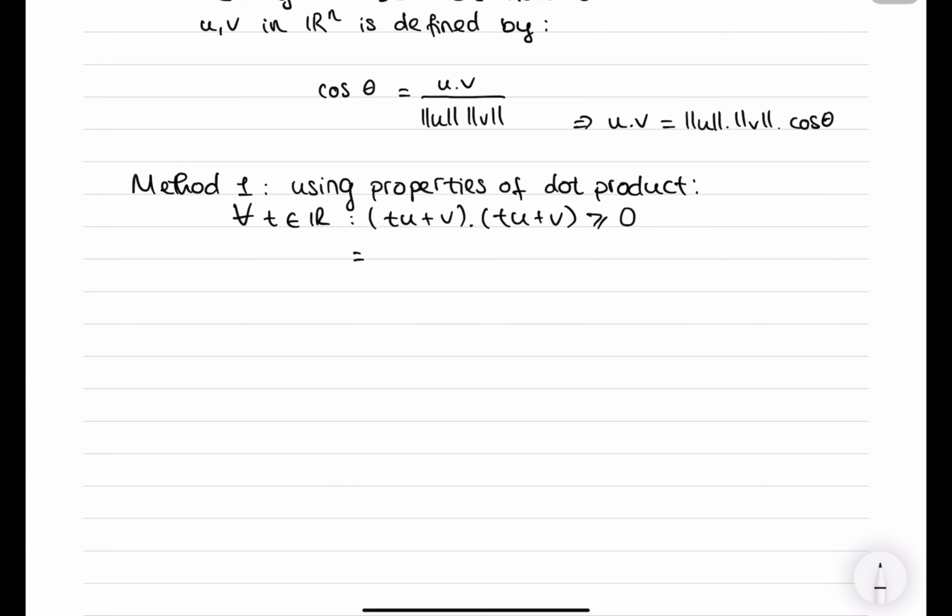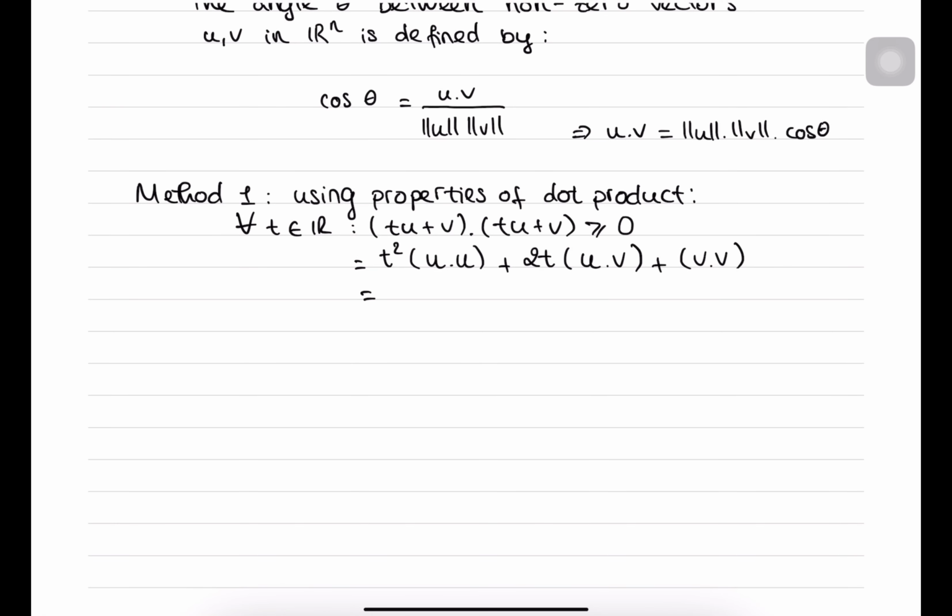Expanding this, we're going to have t squared multiply by u multiply by u plus 2t multiplied by u multiply v, and the product of v and v.